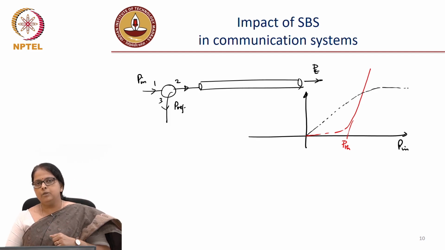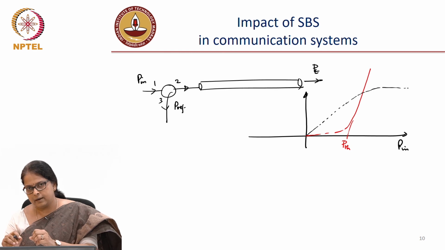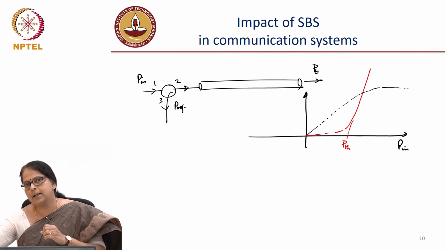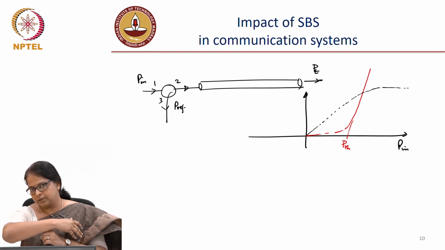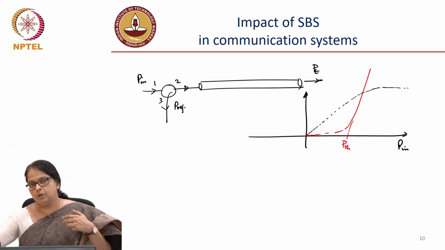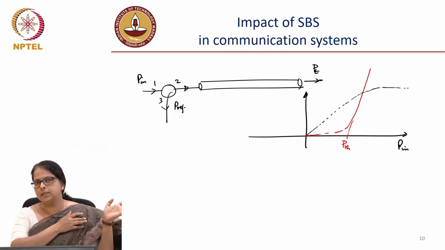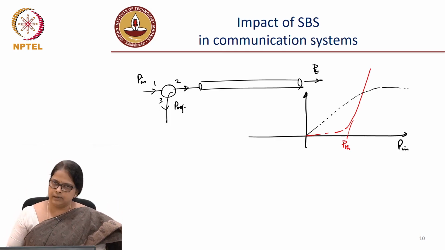Which means you may be pumping more and more power into your fiber, but that's not reaching the receiver. It is actually getting back to the source, which is not a good idea, not just because you're wasting all that power. All that power is coming back and hitting your laser, and that destabilizes your laser.